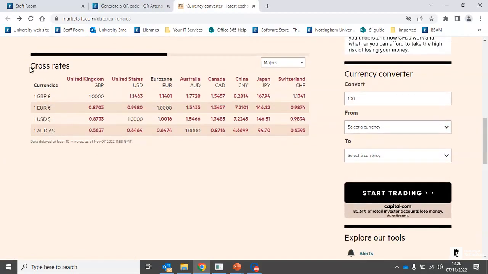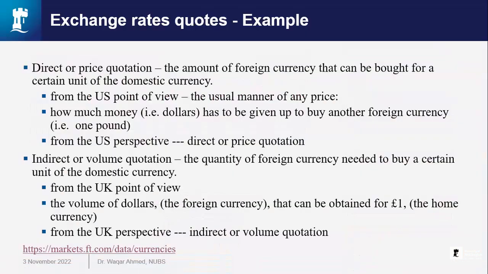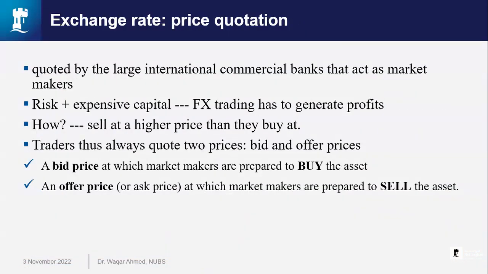These are cross rates, and we'll talk about cross rates as well. So you can find information about exchange rates from the business press, or you can go to a dealer.